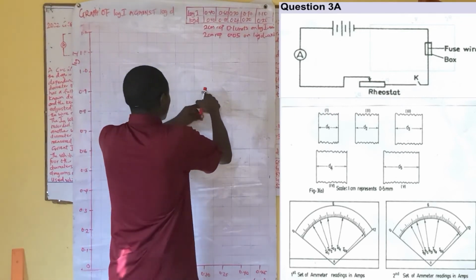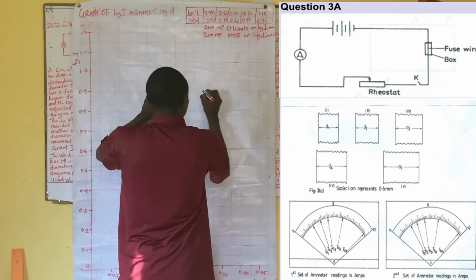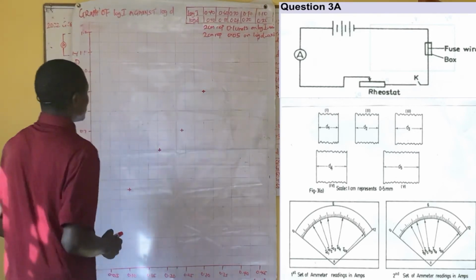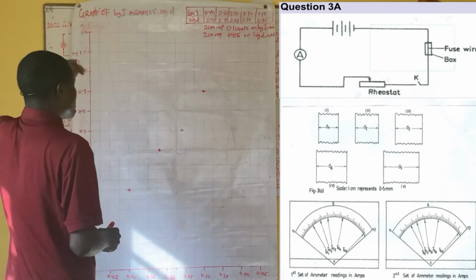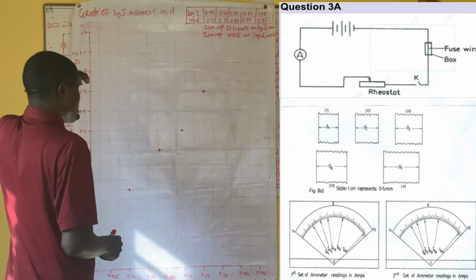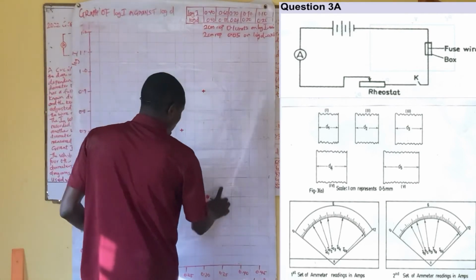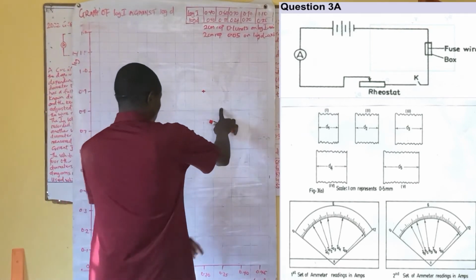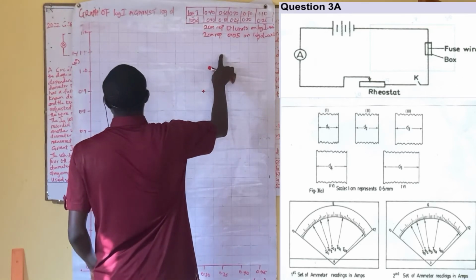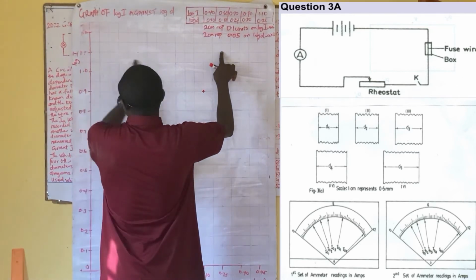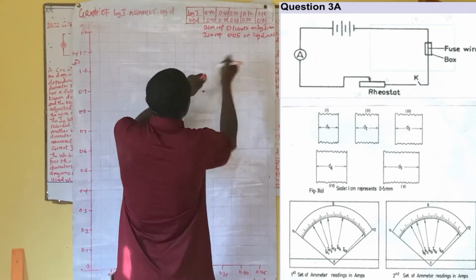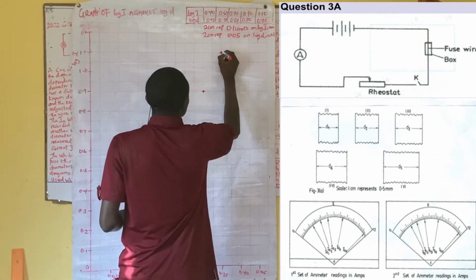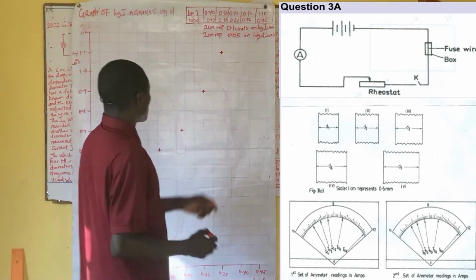So this one is happening on the point. The last one is 1.10 against 0.35. This is 1.10 here, against 0.35. So that is that.